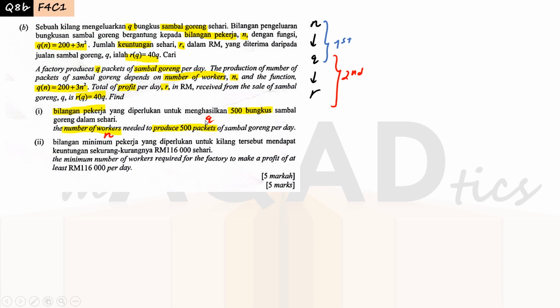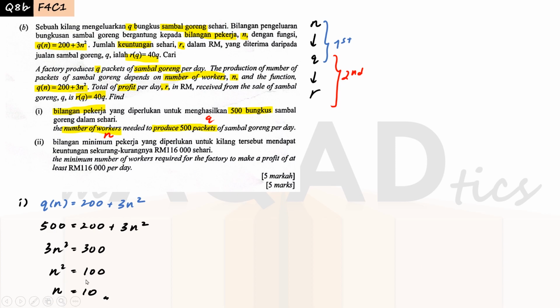So we need the function that relates q and n, which is this first function. For the q here, I can just substitute 500 inside, and then find the value of n, the number of workers. If you simplify, then you will get n is equal to 10.